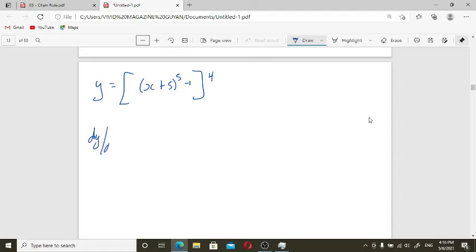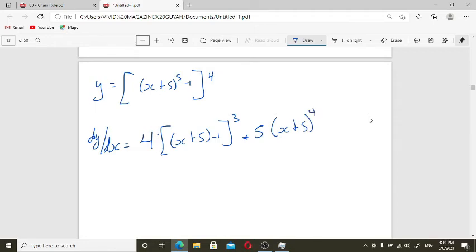So dy upon dx, bring the 4 out front, reduce the power, multiply what's inside. So I have 5 of x plus 5 raised to the 4th.